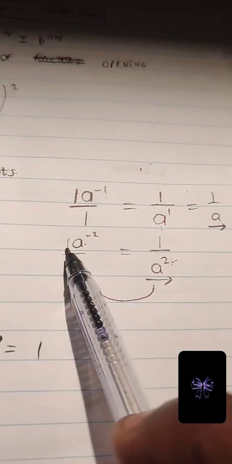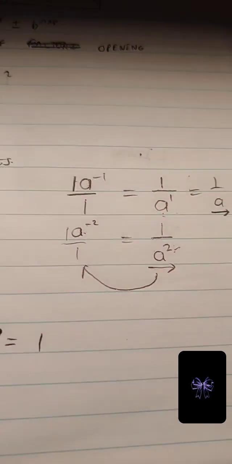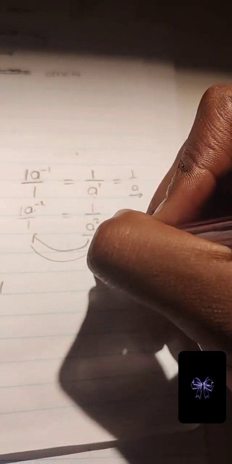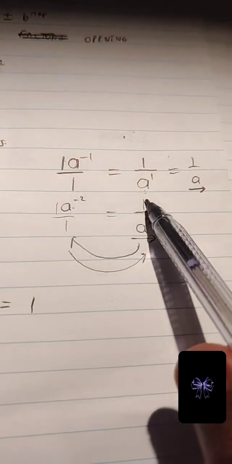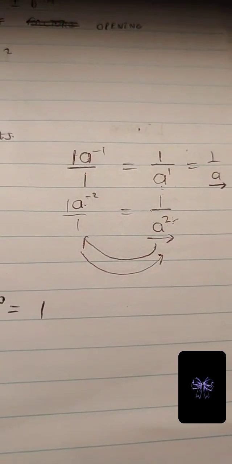So we have 1 over a squared, and we can express it back into a to the power negative 2 over 1. So just as much as you can express this as that, you can also express 1 over a squared as a to the power negative 2. It's like vice versa.